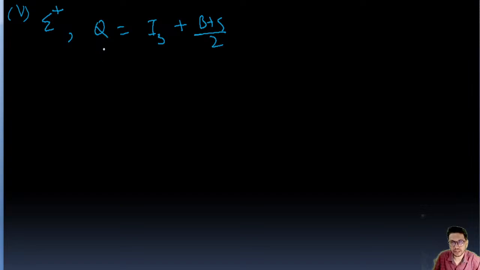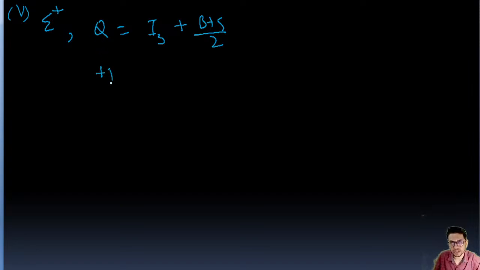Next, for fifth, this is sigma plus. We'll find Q equal to I3 plus B plus S by 2, right? Strangeness we are finding.